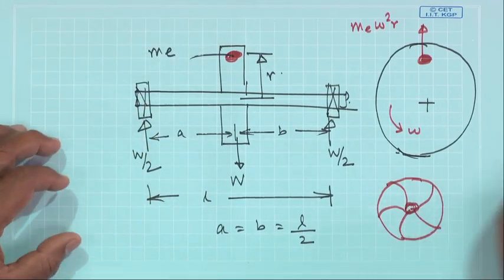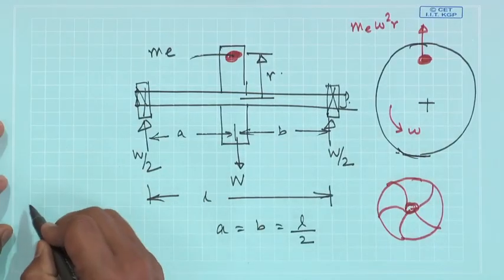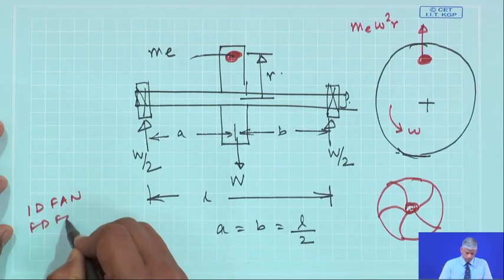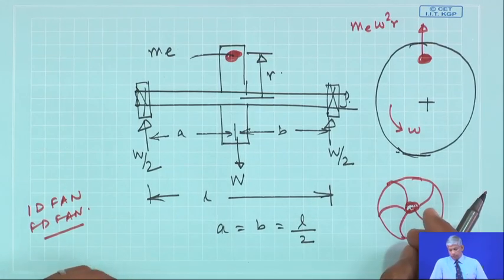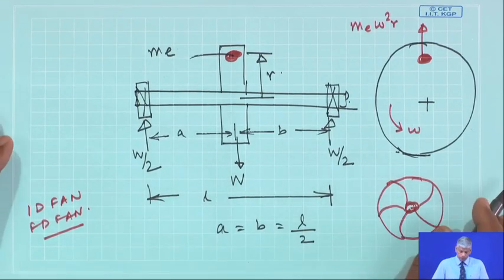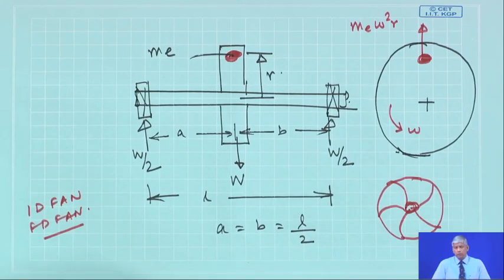In many industrial scenarios, you will come across such units, maybe an ID fan, induced draft fan, or an FD fan, etc. Either to induce air into the system or expel the exhaust gases from a combustion operation, etc. I will give an example. For example, in an FD fan, we have the combustion gases.